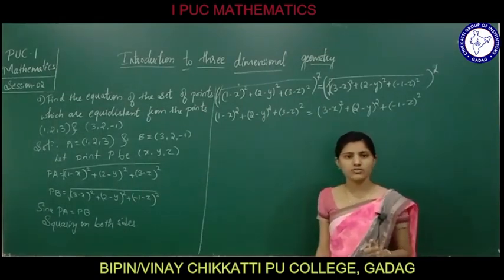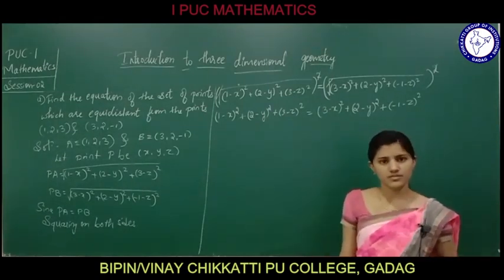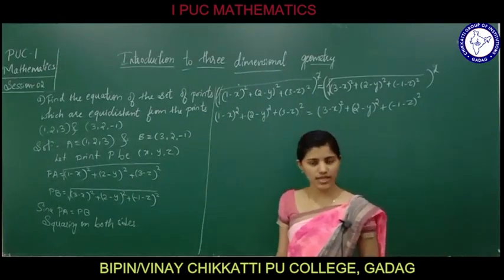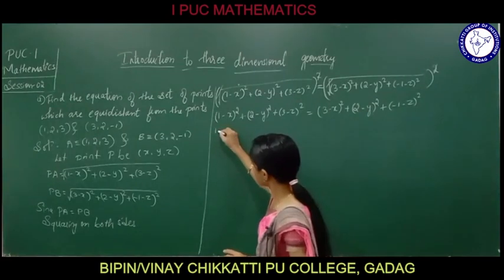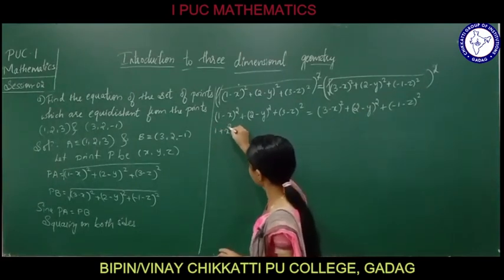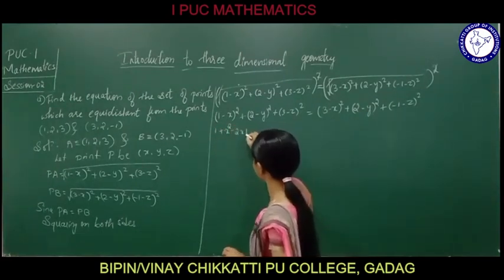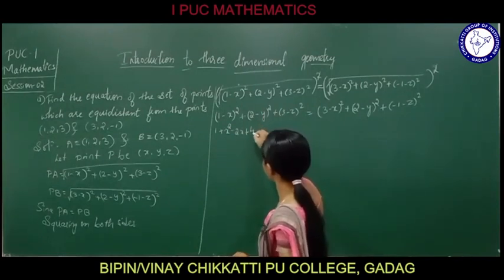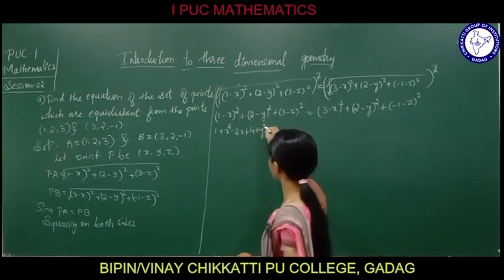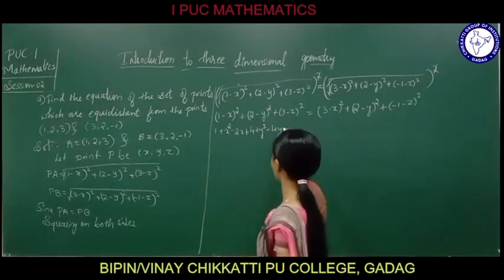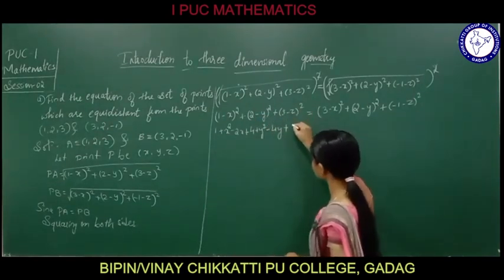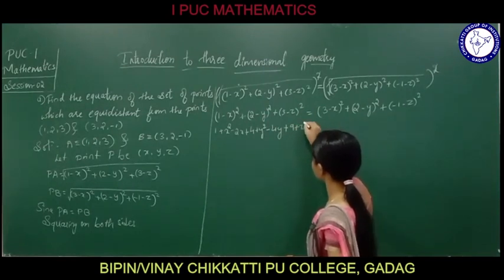These all are in the form of a minus b whole square. A minus b whole square is a square plus b square minus 2ab. The same way, simplify that. 1 square is 1 plus x square minus 2x, plus 2 square is 4 plus y square minus 4y, plus 3 square is 9 plus z square minus 6z.